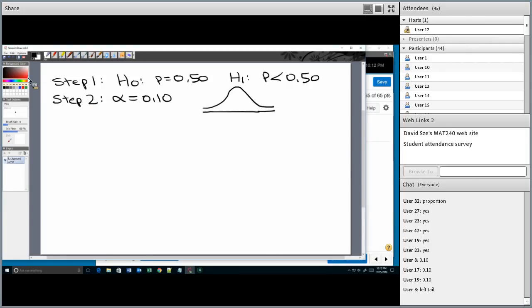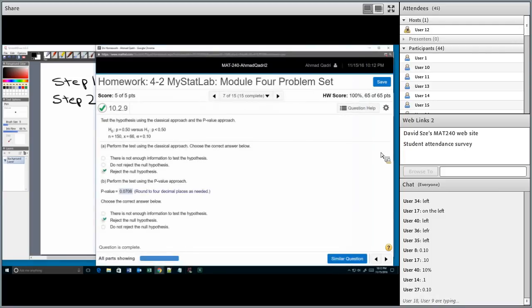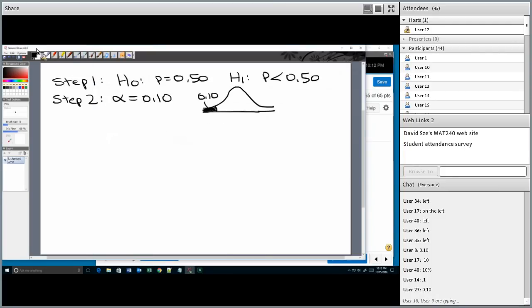Where is the rejection region? It's a left tail, so the rejection region is on the left side. And what is the probability of this rejection region or area under the curve? What is that? Very good, 0.10. Okay, excellent.